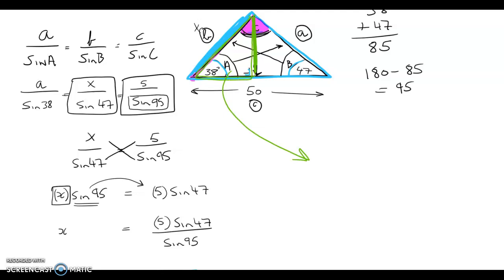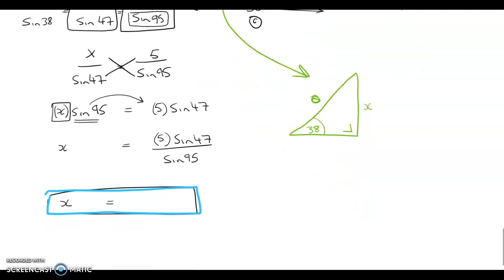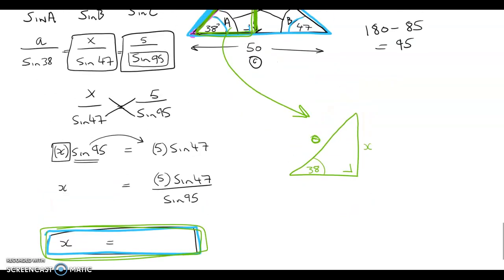There's no need to use the entire triangle anymore. We're just going to focus in on that right angle triangle. We have a 90-degree angle, we have 38 degrees, and we're being asked to find this side here, W in the question, but of course we'll call it x. And we have this side here, which we found a moment ago on that question. Whatever the answer was there, that's that side there.